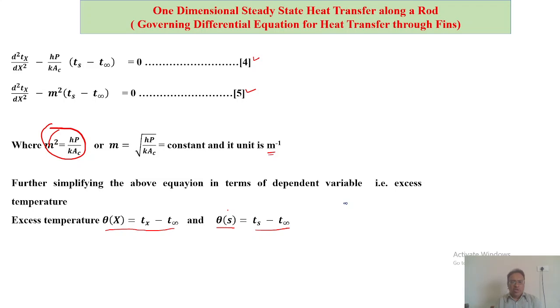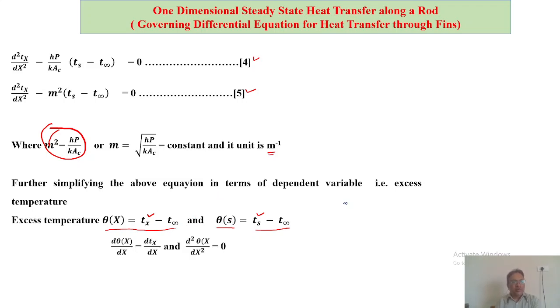So here please pay attention. Excess temperature is always calculated with reference to the surrounding temperature. For fin temperature, Tx minus T infinity is theta x. For the base surface, Ts minus T infinity will be theta s.